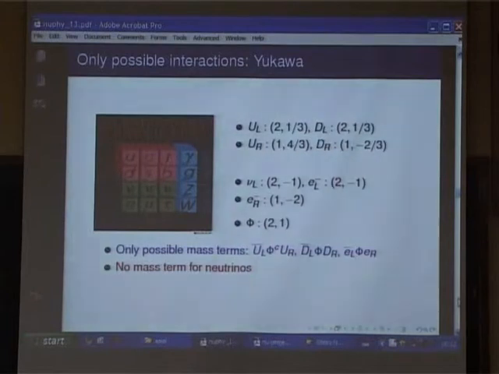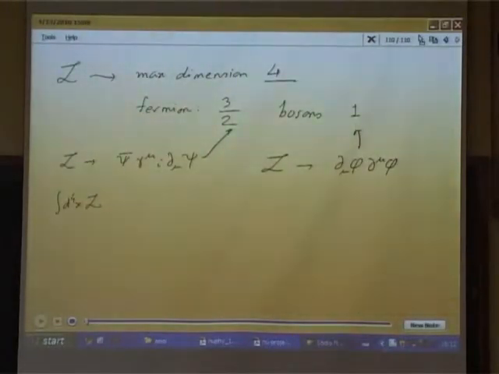You can always write a Lagrangian with fields of more than dimension 4, but then you need a coupling constant which compensates for the dimension. So for example, I can always write my Lagrangian as phi, phi, phi, phi, phi, phi. The dimension is 6.